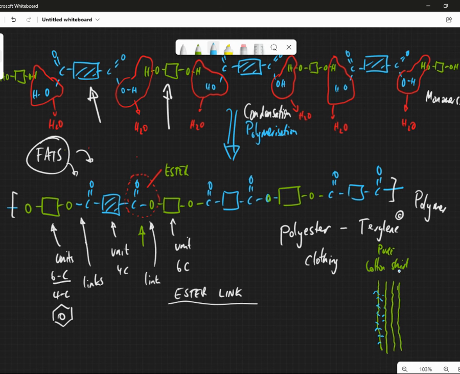Once you've washed it, sad but true, the strands are pulled closer together because they tangle and knot. And so you start off with a lovely big shirt, you wash it, and the shirt comes out of the washing machine and it has shrunk.